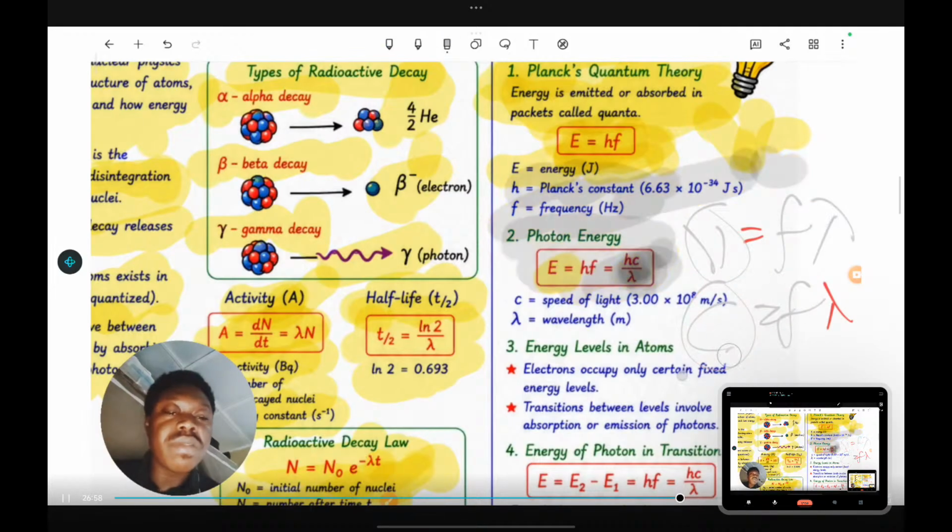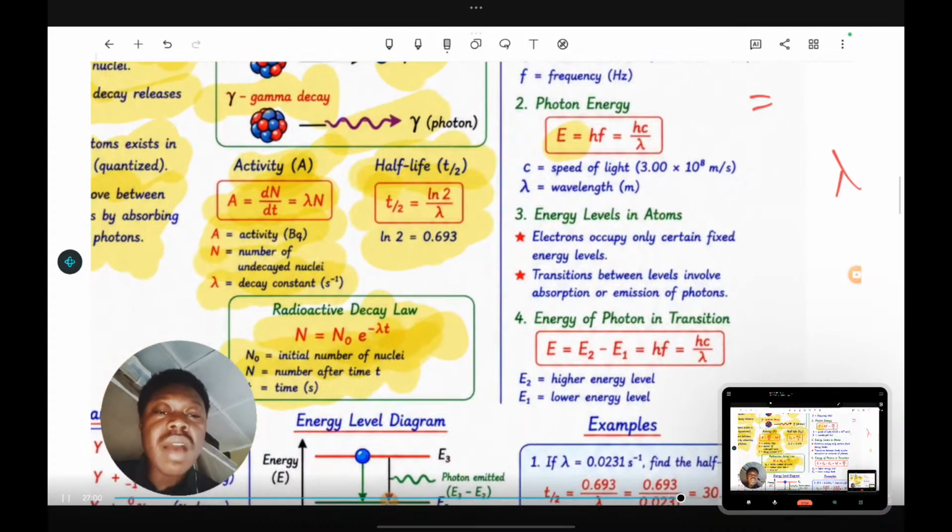Take note of these. Then we have what we call energy level in atoms. Electrons occupy only certain fixed energy levels. Then transitions between levels involve absorption or emission of photons. And for energy level, you have this particular formula for the transition.